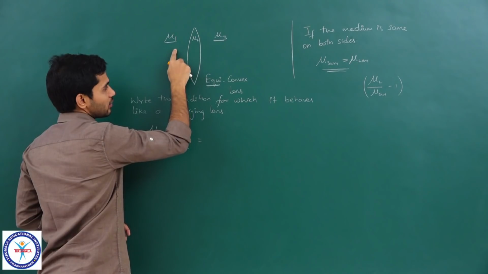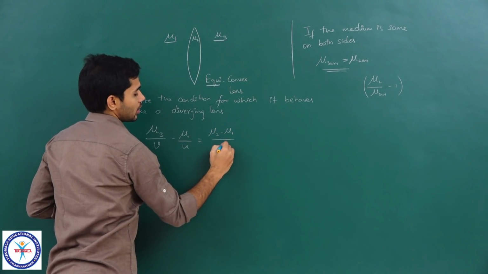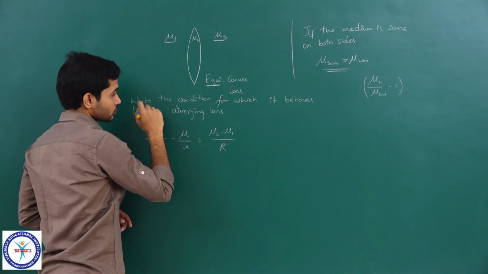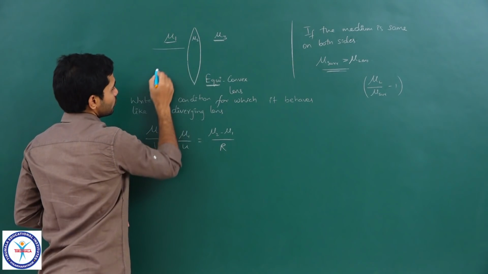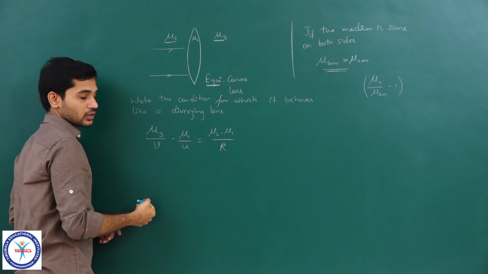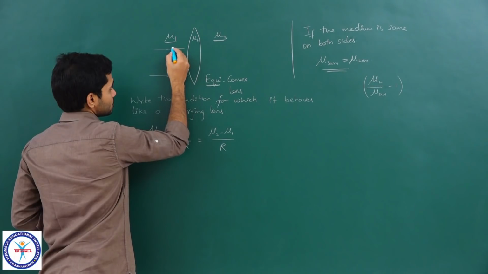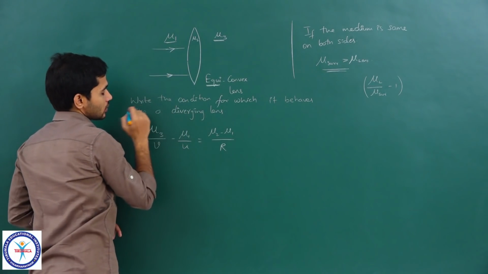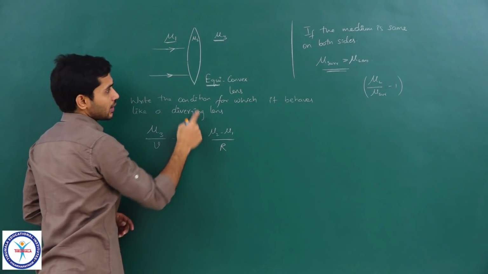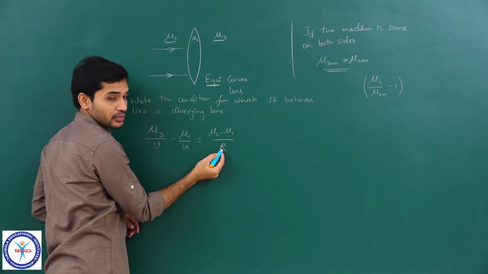For this interface, final minus initial, which is mu 2 minus mu 1 by R. So, the interface is like this. Considering that a parallel beam of light is incident in this manner, I am writing this equation. Final is mu 3, initial is mu 1, and for this interface mu 2 minus mu 1 by R. Should I take plus R or minus R?